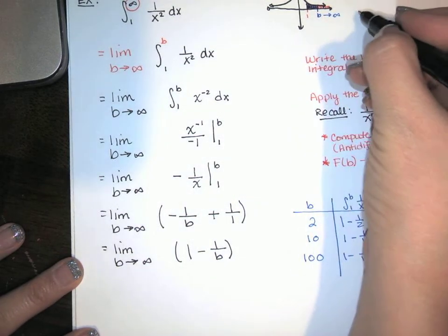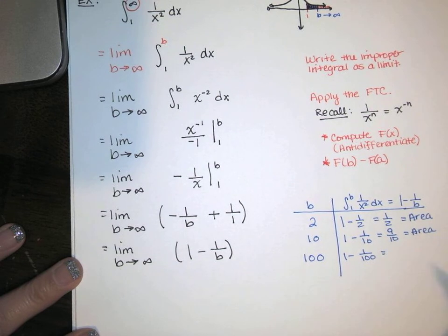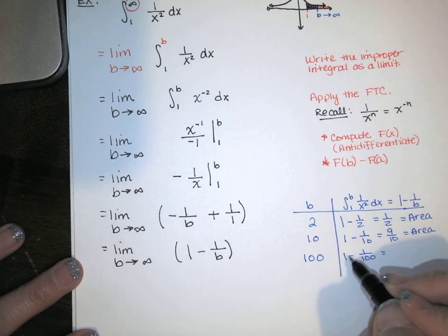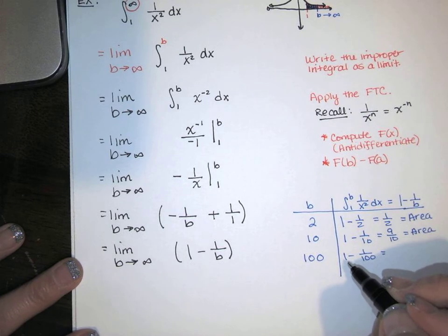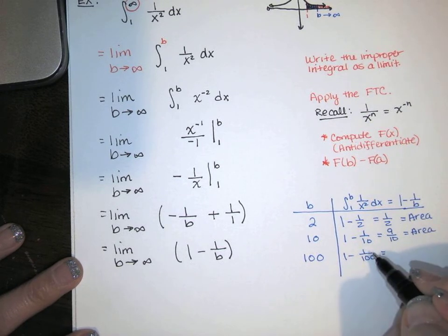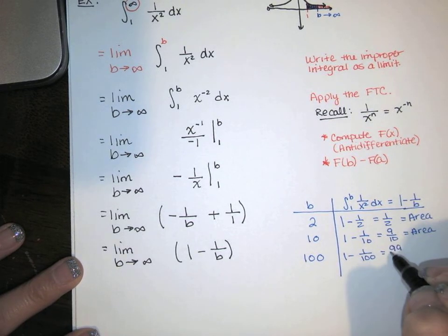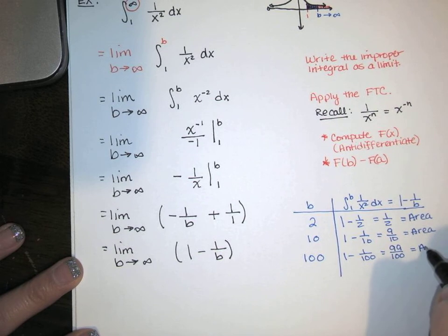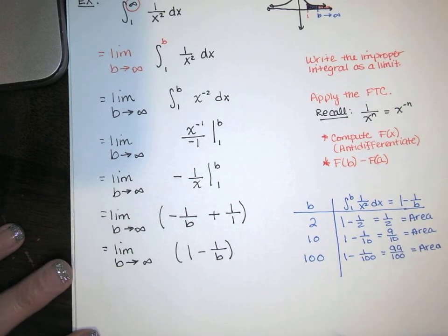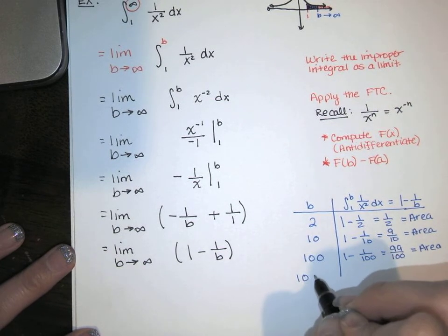As I go farther and farther and farther out, is this approaching something? What is it approaching? Well, 1 is 100 over 100. So 100 over 100 minus 1 over 100 is 99 over 100. Look at that area. 0.99.